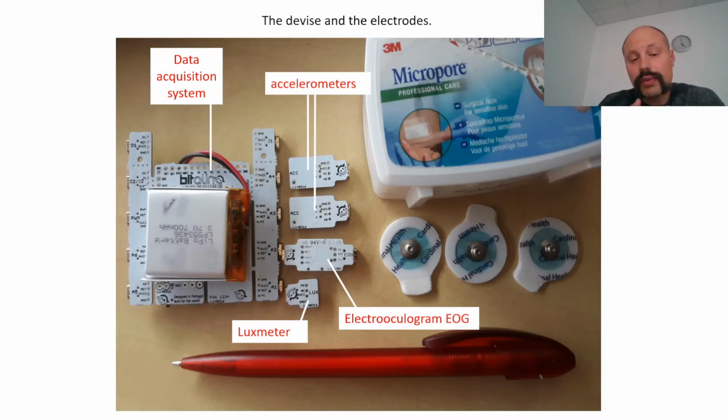The first one will be used for the luximeter, for the light meter. The second one for electrooculogram, and the other 2, channel 3 and channel 4, for 2 sensors of acceleration to identify the onset of motion of the left and right hand.